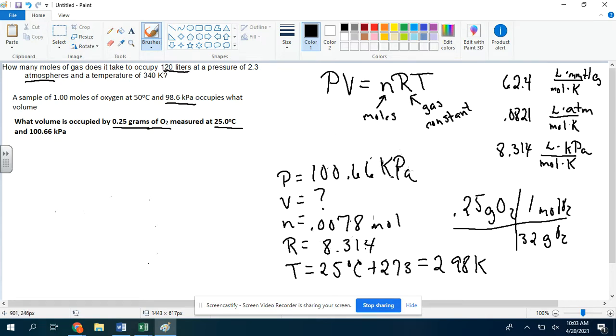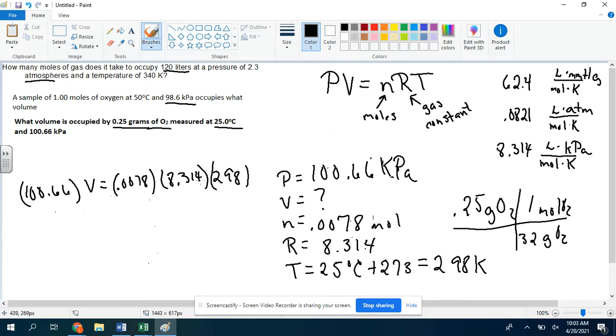All right, let's get it plugged in. Pressure is 100.66. We don't know volume. N is 0.0078, tiny. R is 8.314. We picked that one because it was in kPa. And then our temperature is 298.